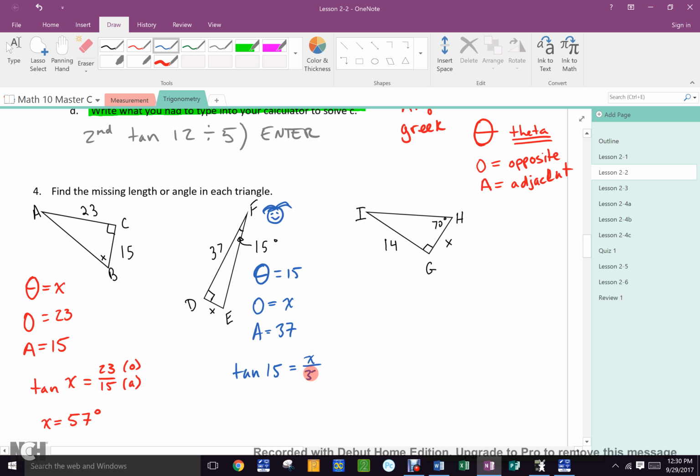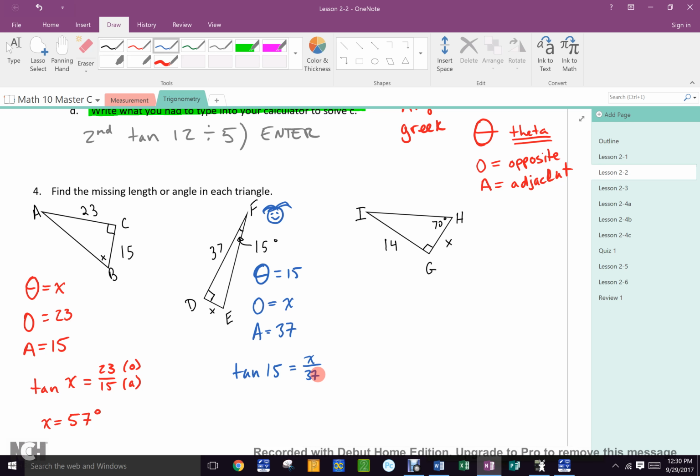X over 37. How do I get rid of the number down here in algebra? Multiply. Well, isn't all math the same? So in algebra, if I multiply to get rid of a denominator, don't you think I do the same thing in trig? Is trig math? Is math a pattern? Does math make sense?